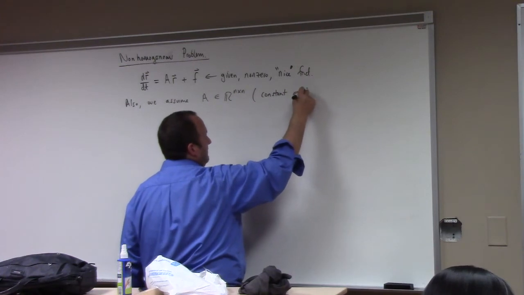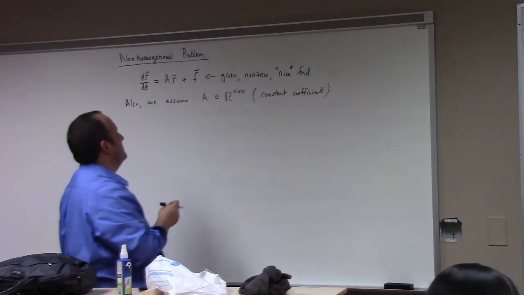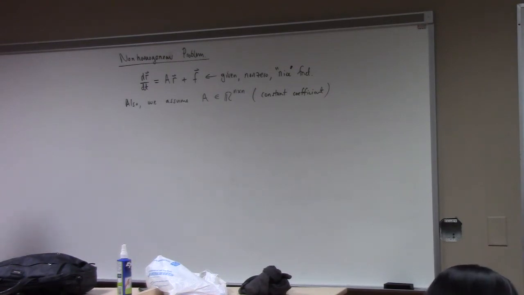You might wonder, the derivation I'm about to do, do we need to assume it's constant coefficient? Let's just leave that open for debate, whether or not we need to limit the derivation I'm about to do just to constant coefficients. I will say this.